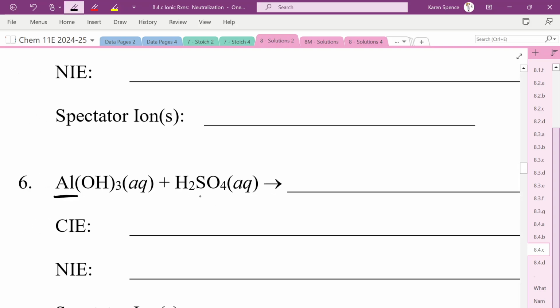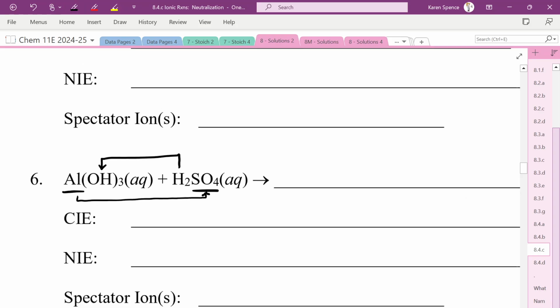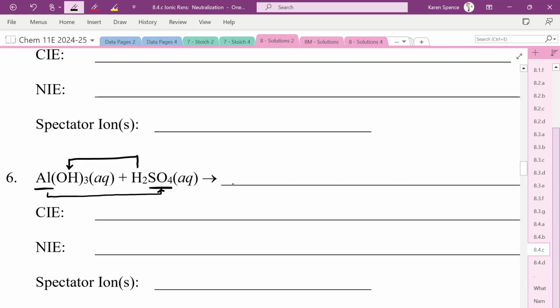Combine our outside ions. Combine our inside ions. So we have Al, which is 3 plus, and SO4, which is 2 minus.